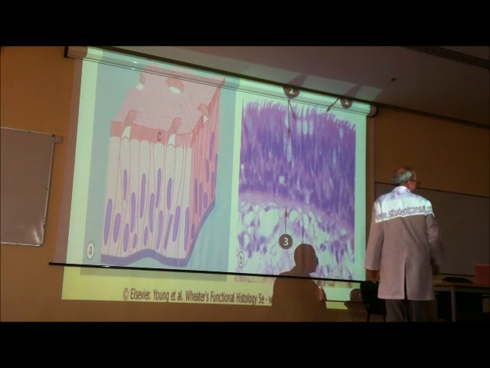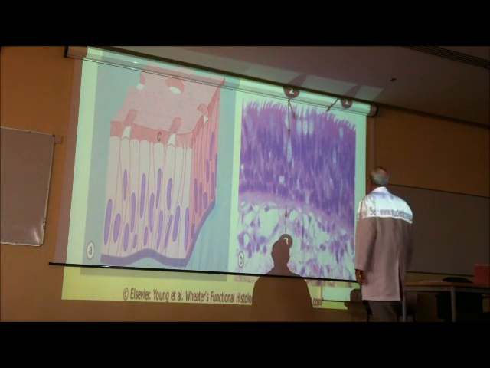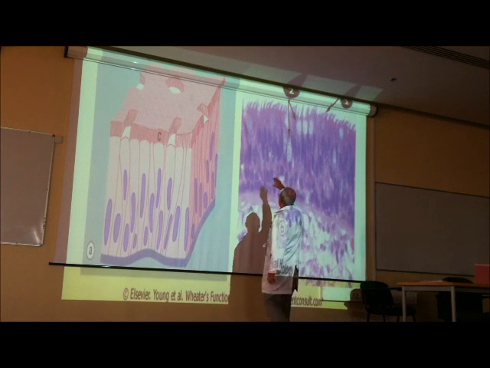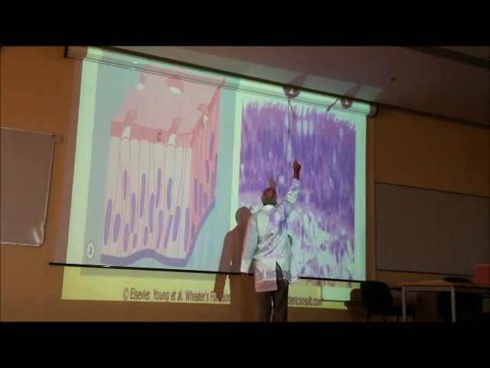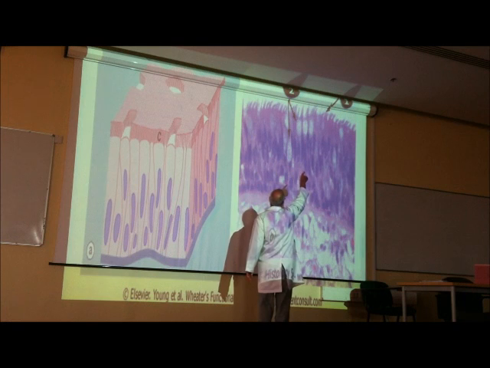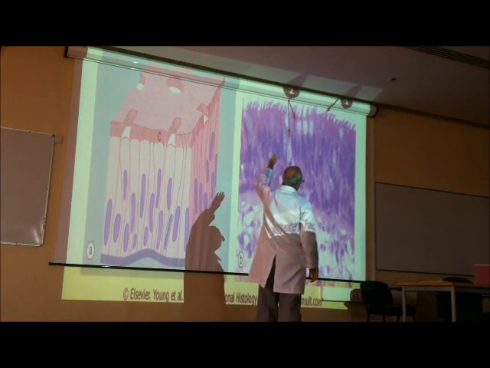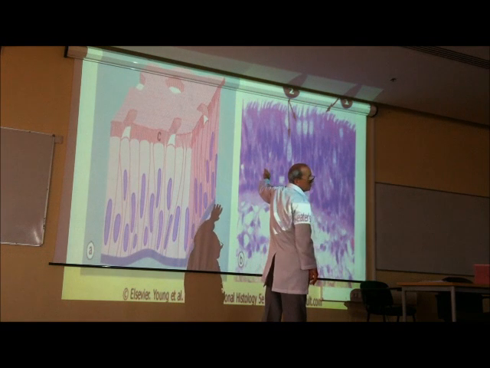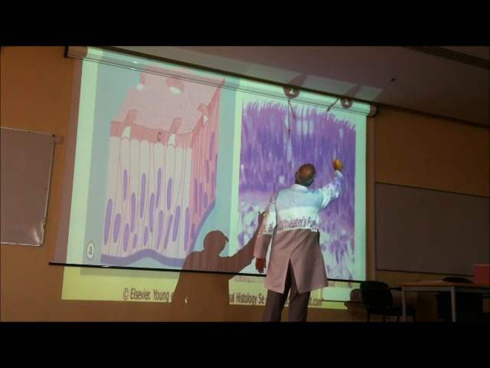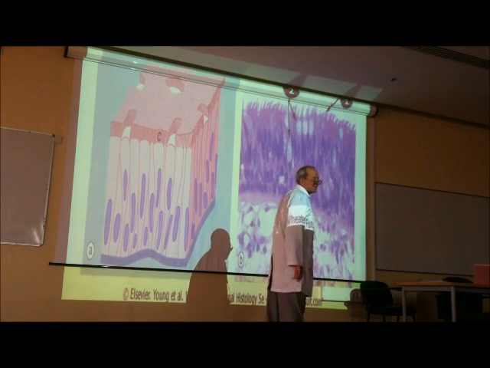Don't forget this. So, pseudostratified columnar ciliated with goblet cells. The arrows on the left side indicate goblet cells. The arrows on the right side indicate the cilia.